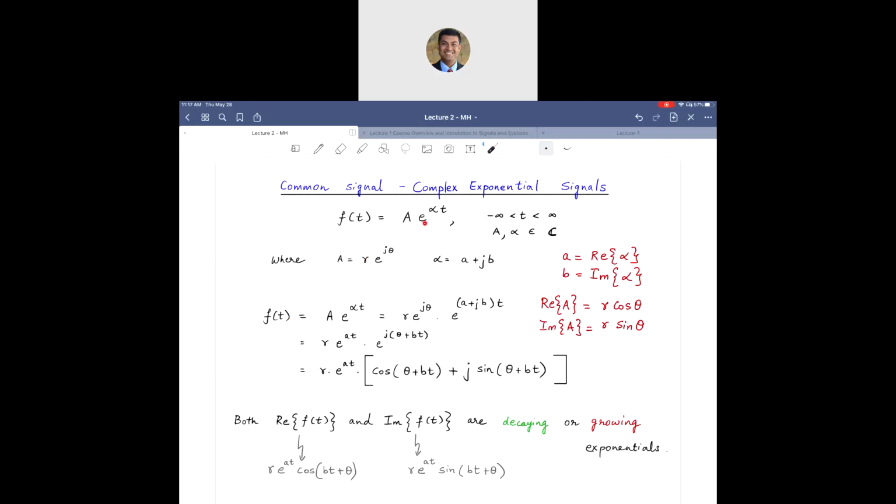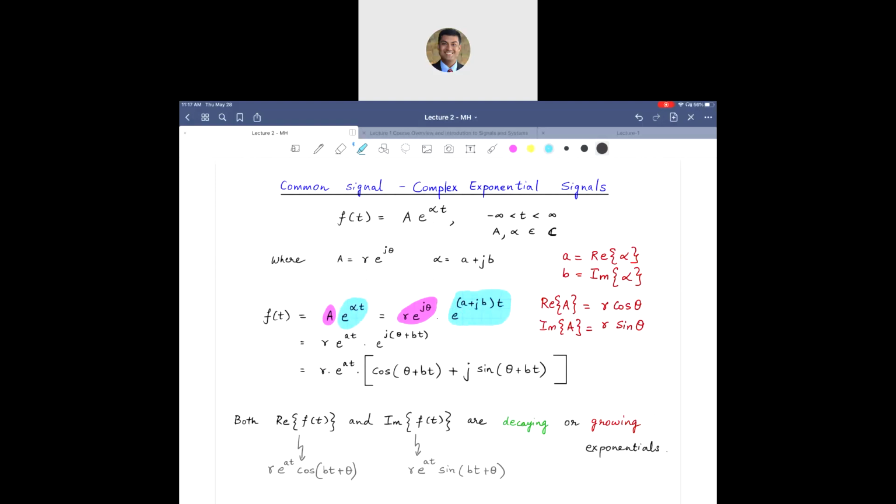f of t is A e to the alpha t. We can substitute for A because we have defined it, and we can substitute for alpha because we have defined it. What do we have? We have A as r e to the j theta, and e to the alpha t as e to the (a plus jb) t.